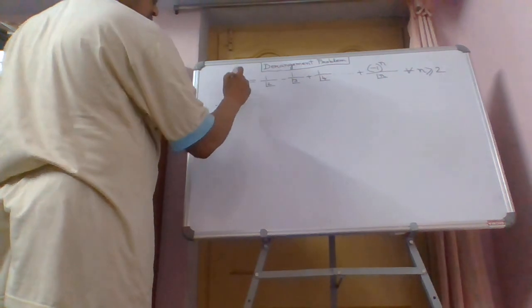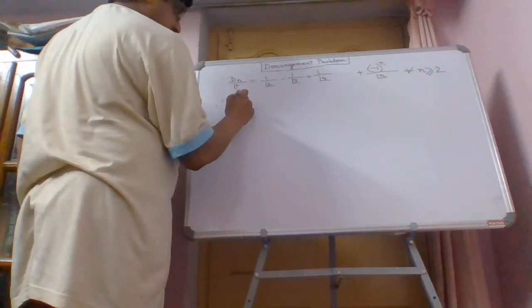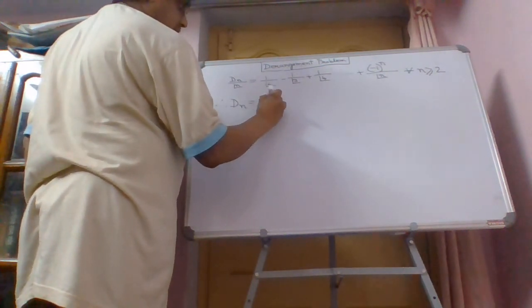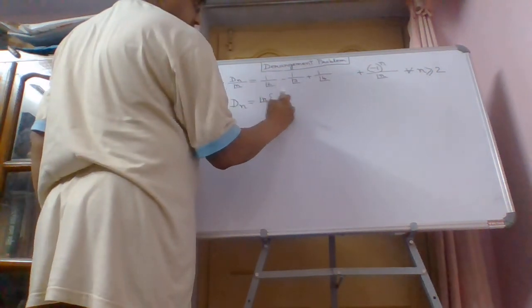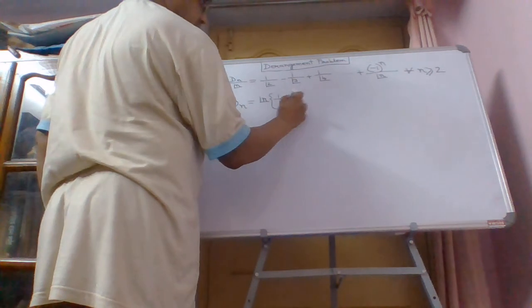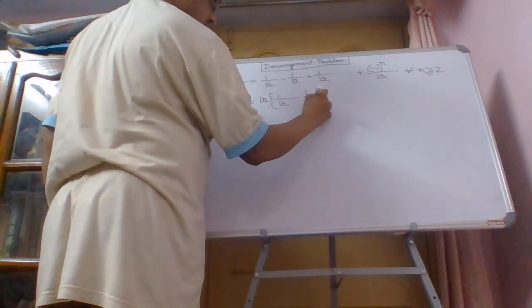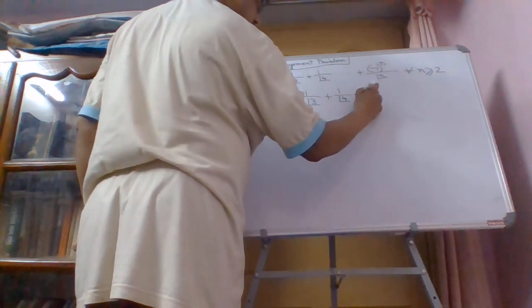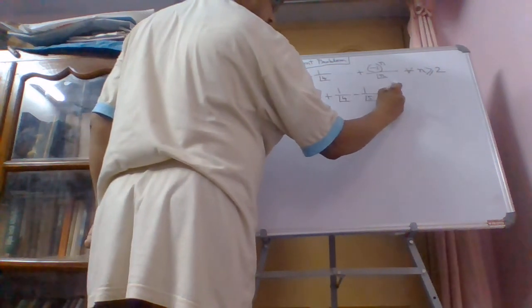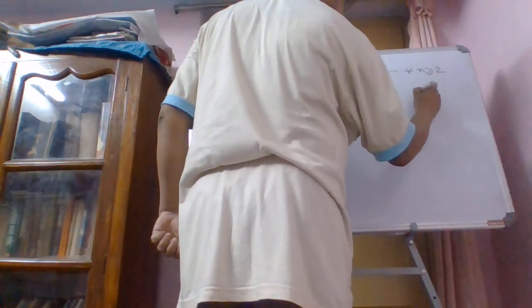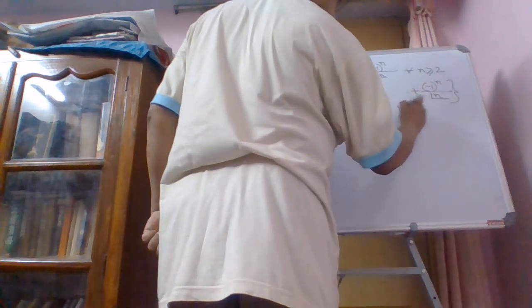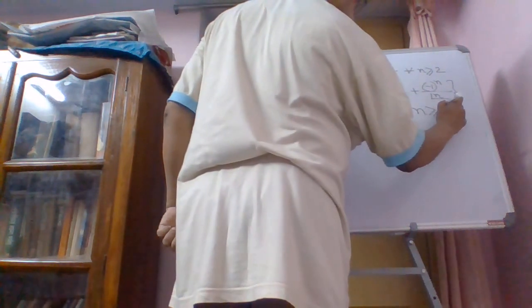Therefore, if we multiply both sides by n factorial, we get dn is equal to n factorial into 1 by 2 factorial minus 1 by 3 factorial plus 1 by 4 factorial minus 1 by 5 factorial plus dot dot dot, and finally plus minus 1 to the power n by n factorial, and this relation must be true for all n greater or equal to 2.